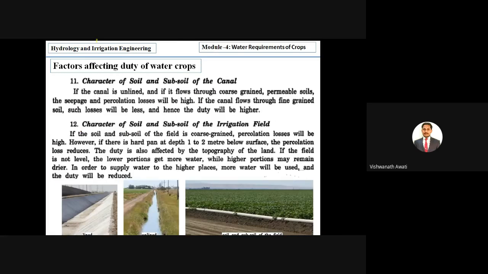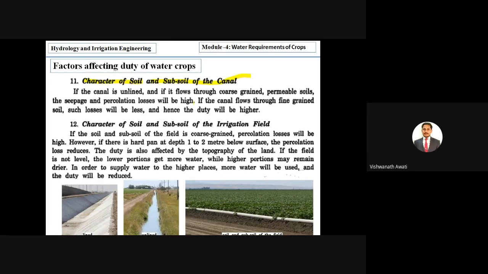Next, character of soil and subsoil of the canal. It is related to the canal, right? If the canal is unlined and flows through coarse grained permeable soil, the seepage and percolation losses will be higher.